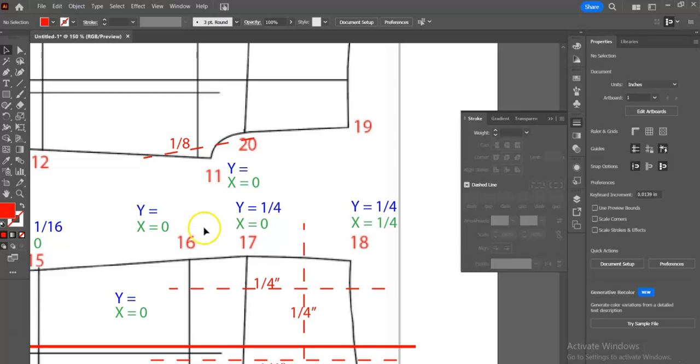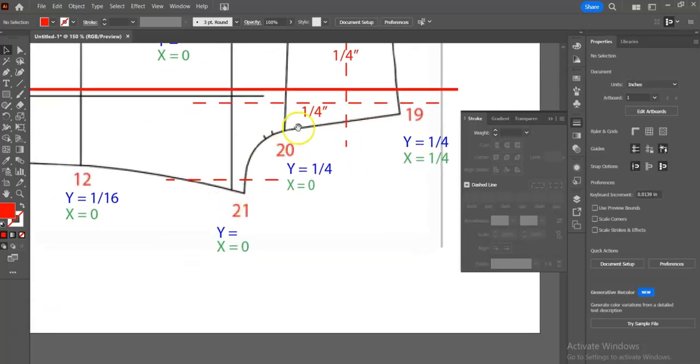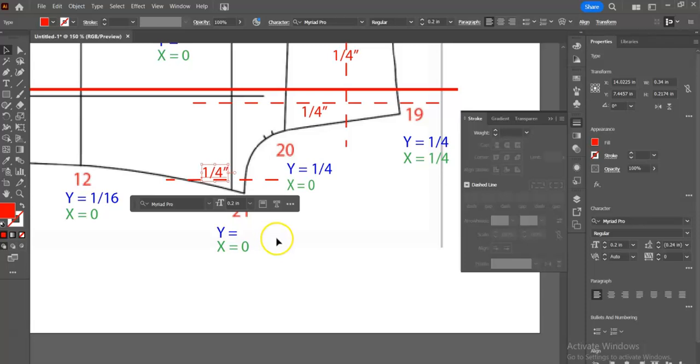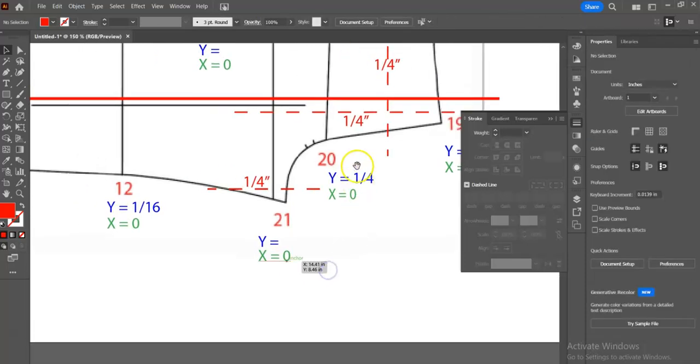All right. Now on my back, my back rise should grade 1/2. I have 1/4 that's happening up here. So 1/2 minus 1/4 leaves me with 1/4, which means this slash line is 1/4 on the back. Okay.